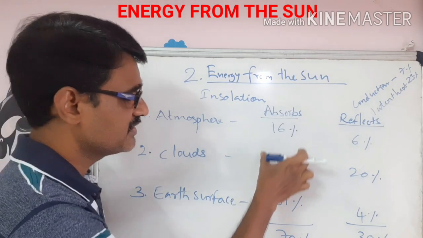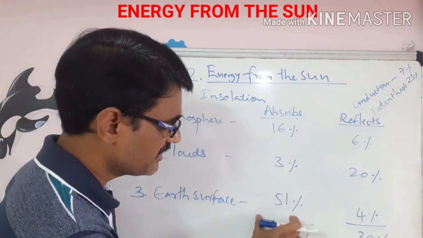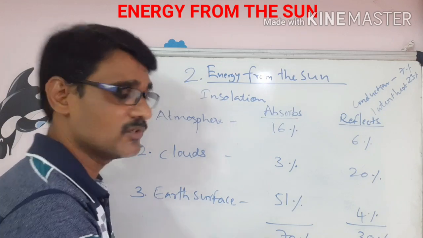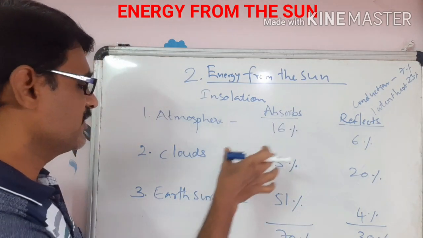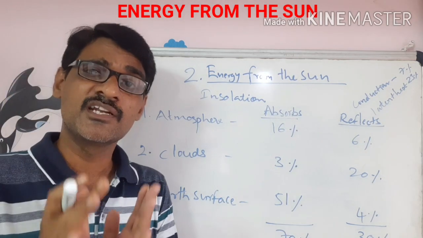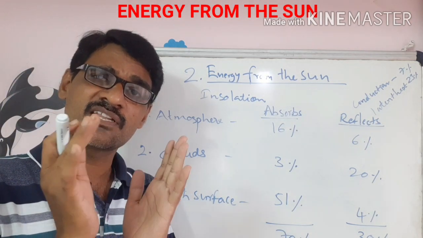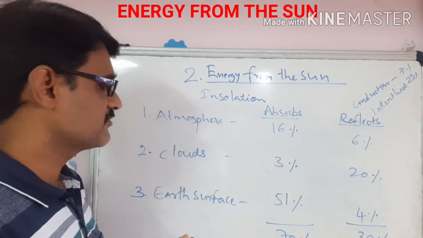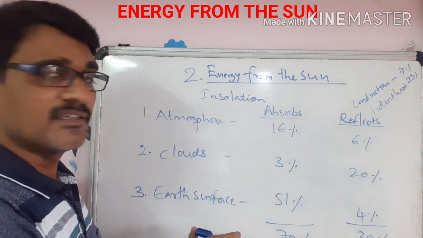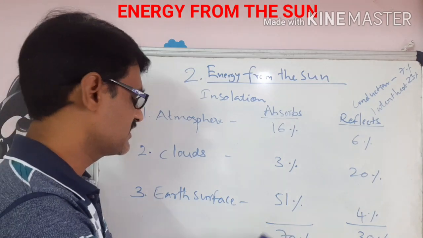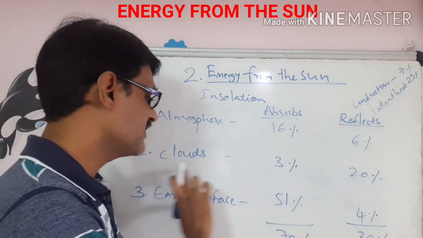So totally 16% plus 3% plus 51% equals 70%. So the three aspects are receiving 70% in total, and only the Earth's surface is receiving 51%.